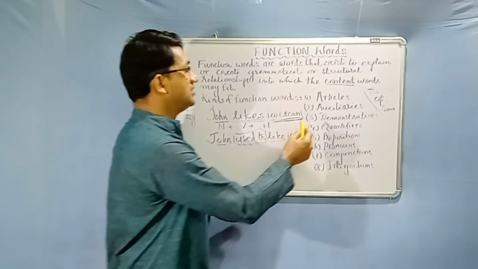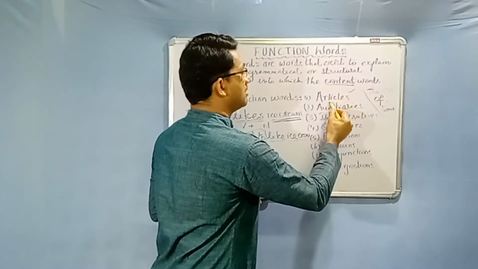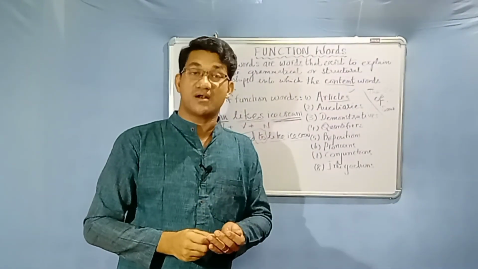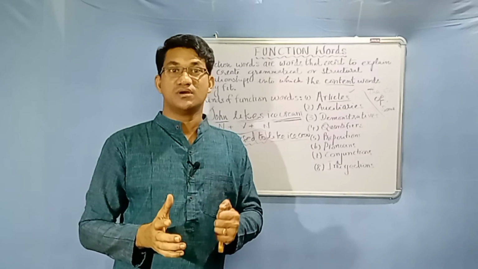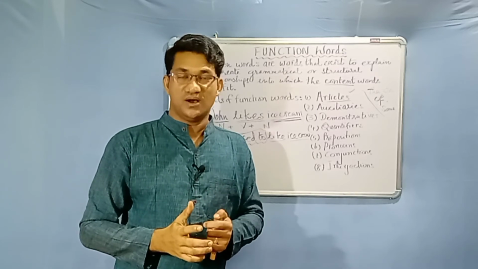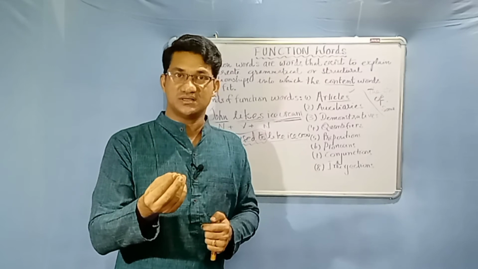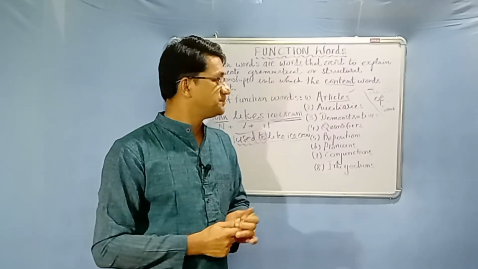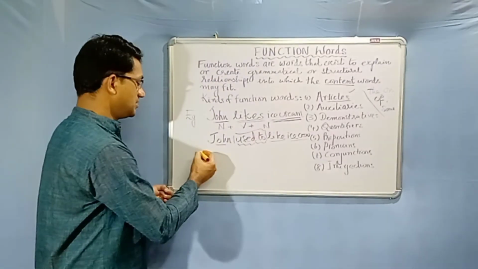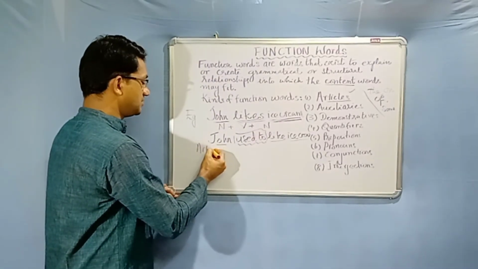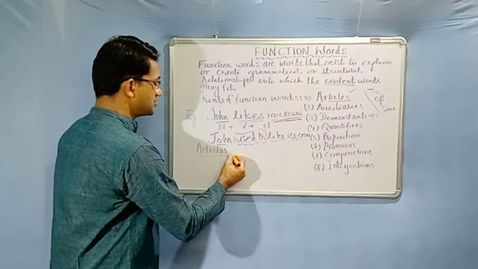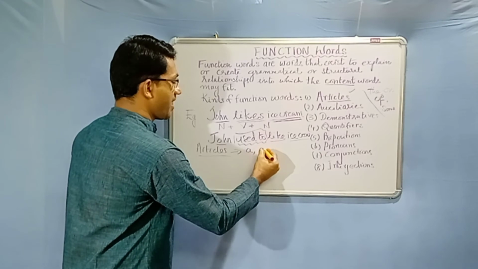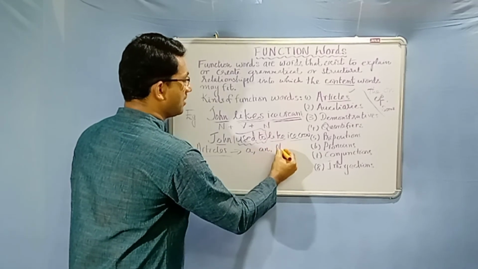Now we start our discussion with articles. We have to understand what articles are. We know that in English we have different types of articles. Articles are small little words like a, an, and the.